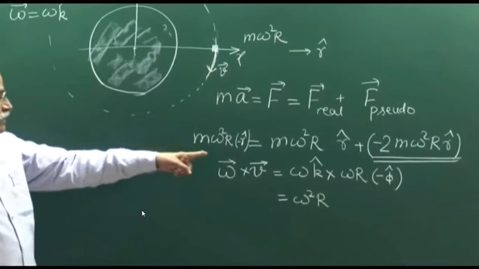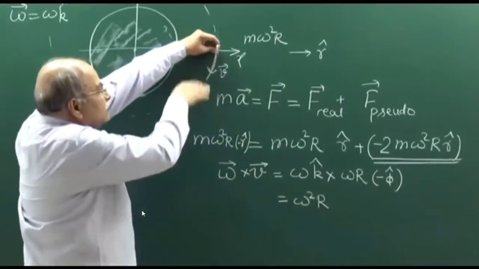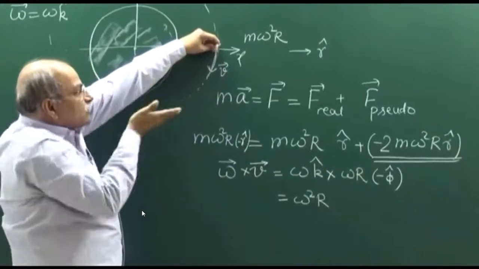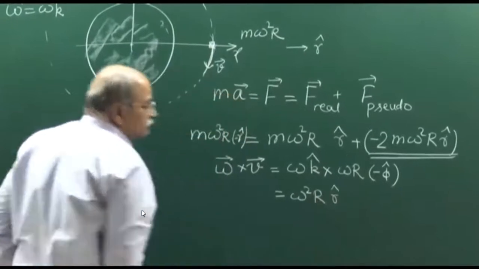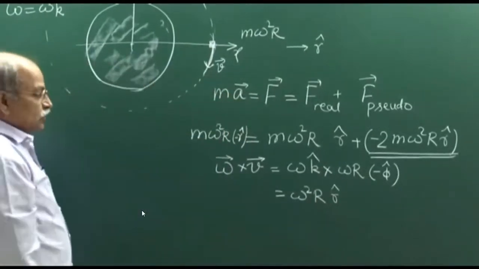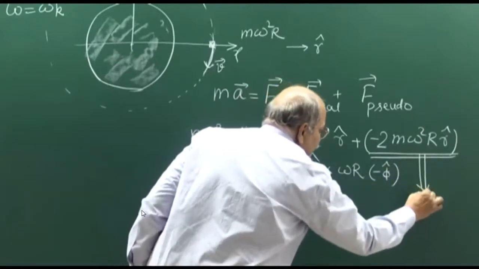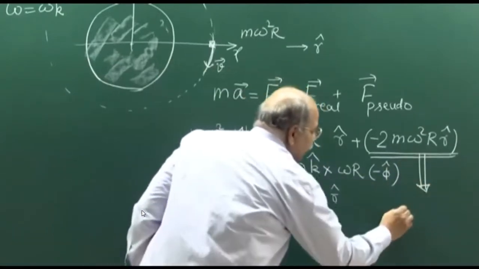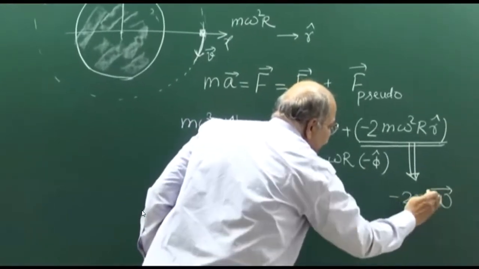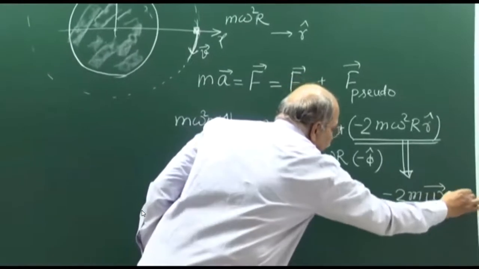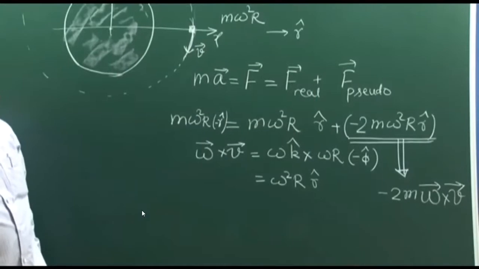And what is the direction of this vector? This omega vector is in this direction, v vector is this direction, omega cross v will be in r cap direction. So, this yet another pseudo force here, I can write as minus 2 m omega cross v.